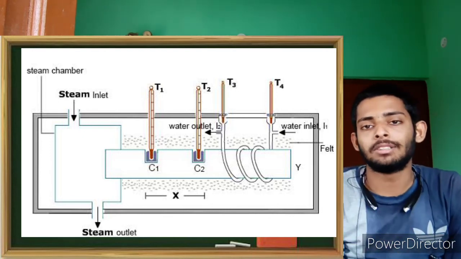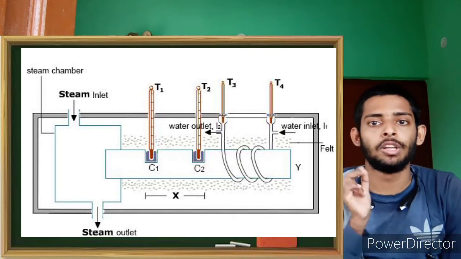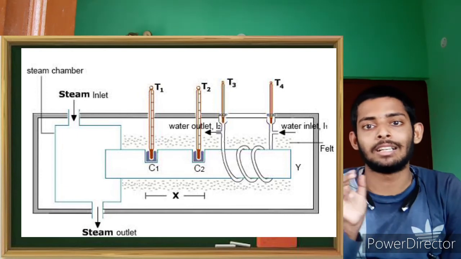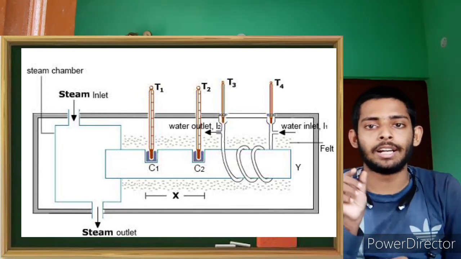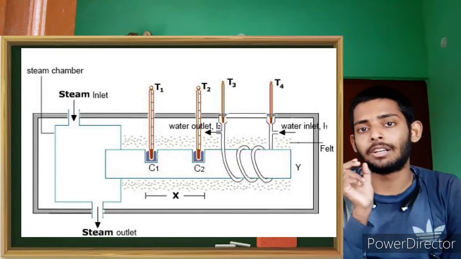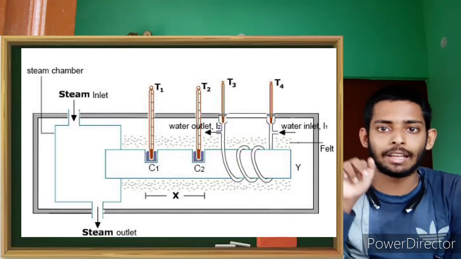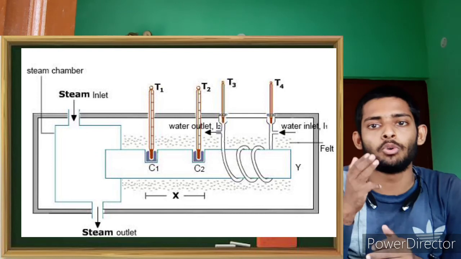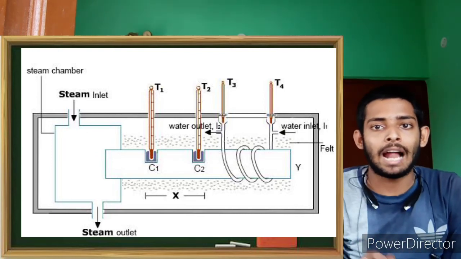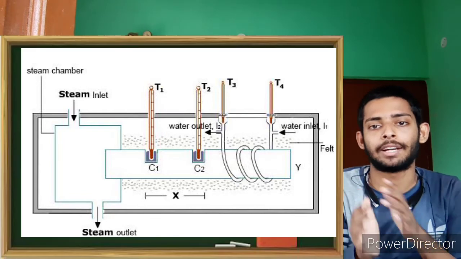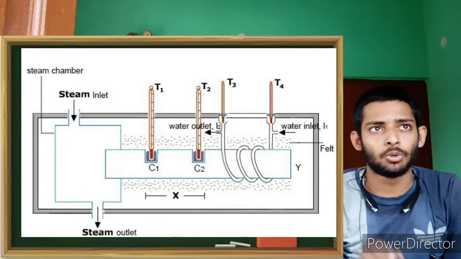So how will we measure how much heat is gained by the water? We will use the formula delta Q equals m s delta T, and here delta T is the temperature difference between the water entering the tube and coming out from the tube, and m is the mass of the total water collected inside the beaker.